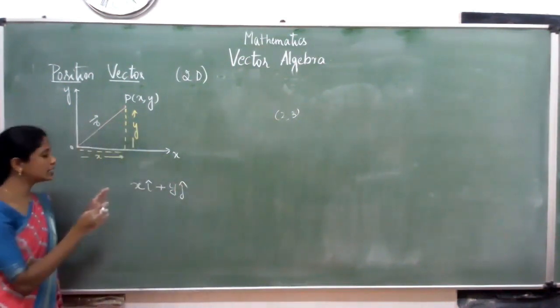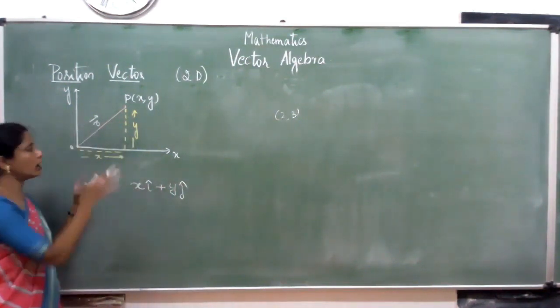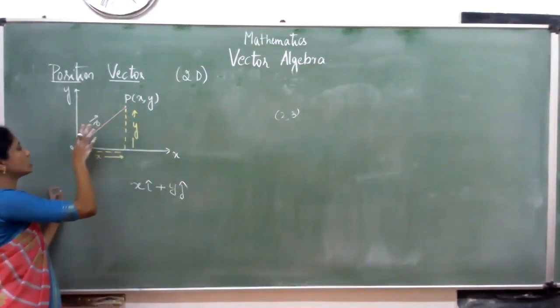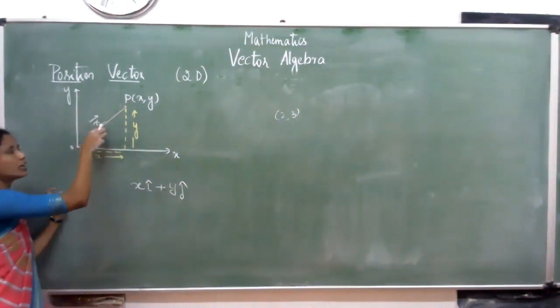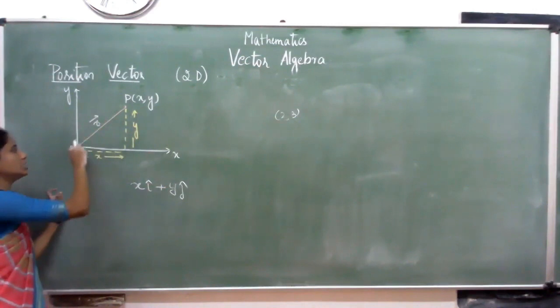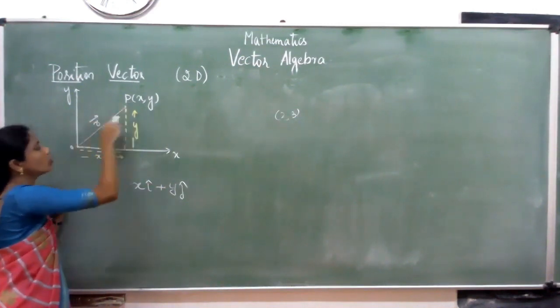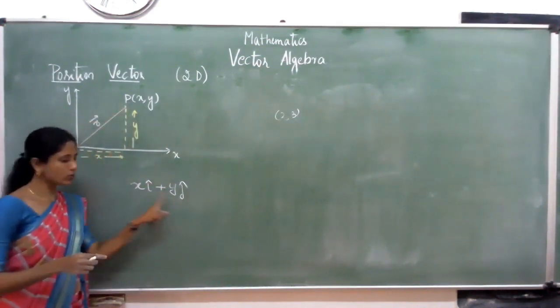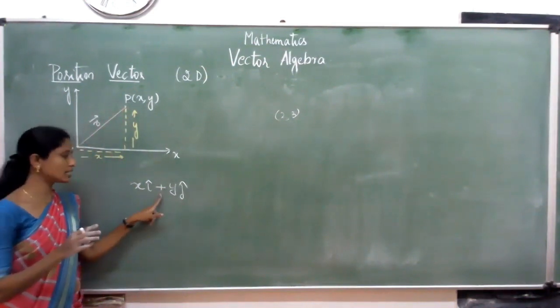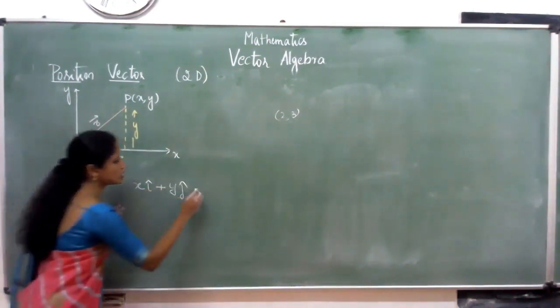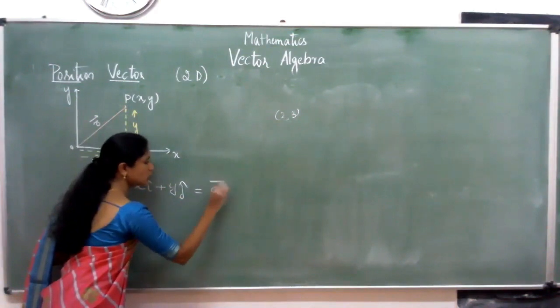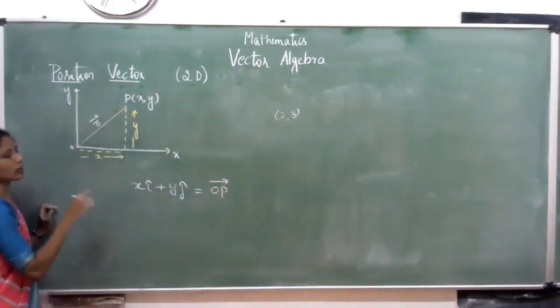This is the displacement or the final displacement of the vector OP. That is, from the initial point to terminal point O to P, I have traveled so much distance. So x I cap plus y j cap is equal to vector OP.